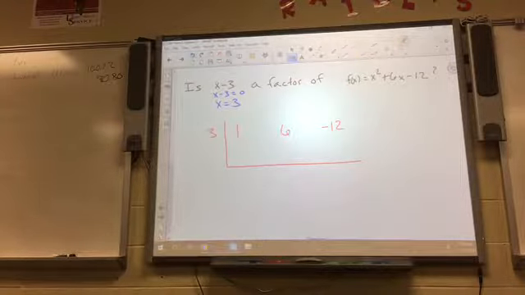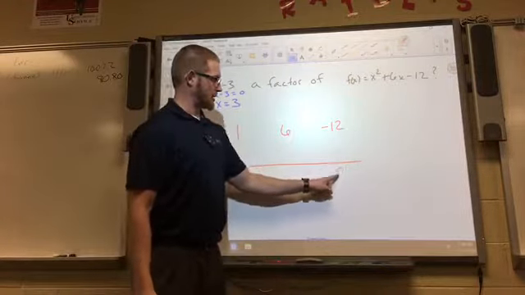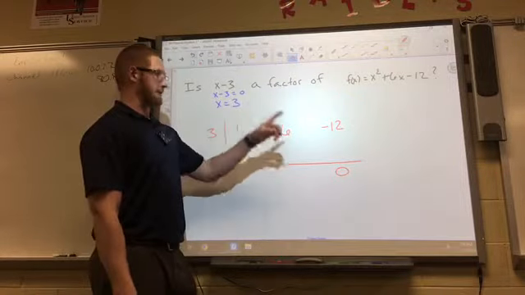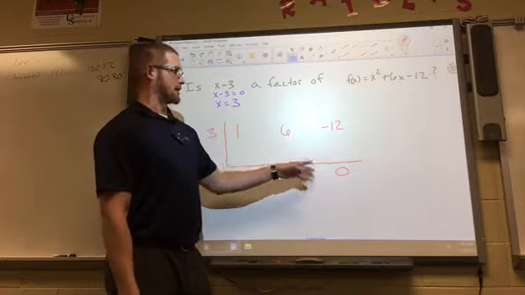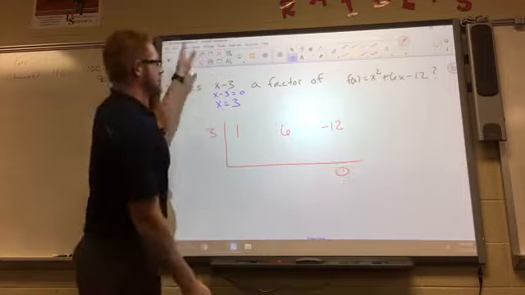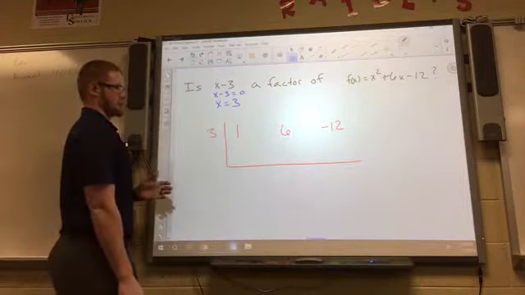From here, we're going to go through this synthetic division. If I get a 0 here for the remainder, then it's a factor. If I do not get a 0, then it did not come out evenly. It is not a factor. So what's my first step in synthetic division?